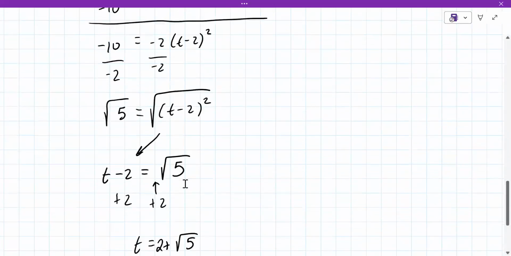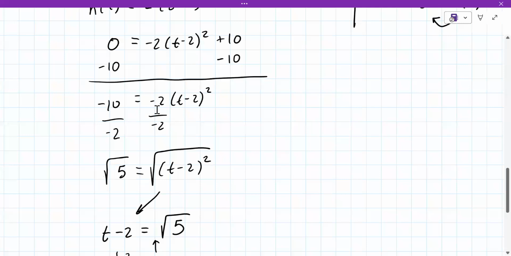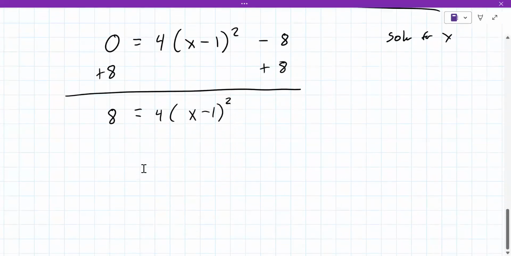Okay, let's go back and look at the previous problem. What did we divide by? Oh, I was supposed to divide by 4. The number in front. Whatever number's in front, you divide by. So here we go, you've got to divide by 4. So this is really 2 equals the square of x minus 1.